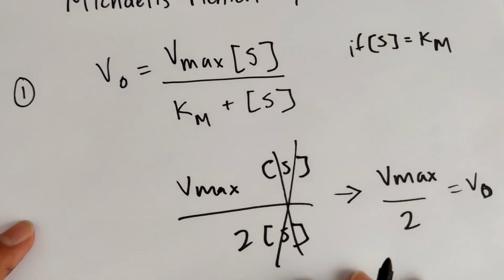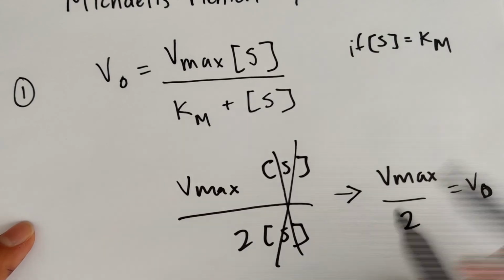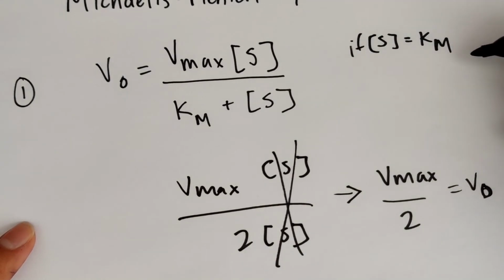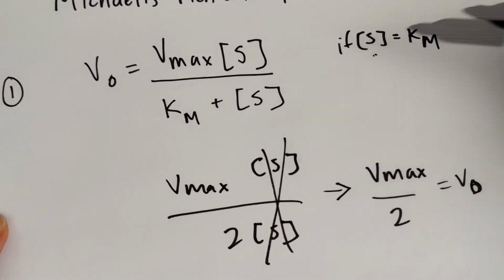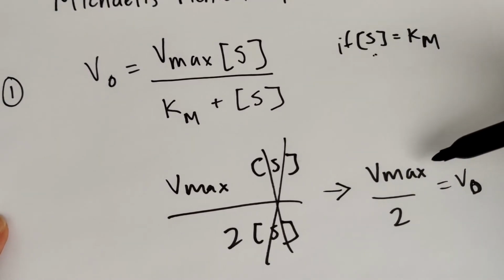So essentially Km is the substrate concentration that we need to have half the maximum velocity.